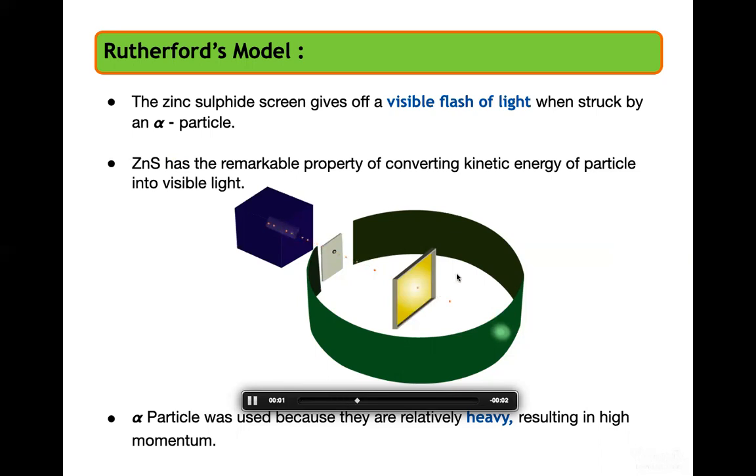When the alpha particle hits this surface, it glows for a moment. So most of the rays passed undeflected, few got deflected, and they also show the direction by the glow. Very few rays are deflecting, and out of 220,000 rays, one ray deflects back by 180 degrees in the original path from which it came.